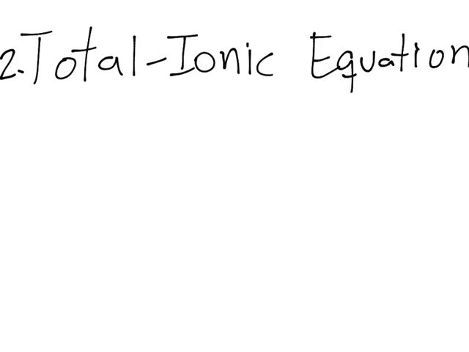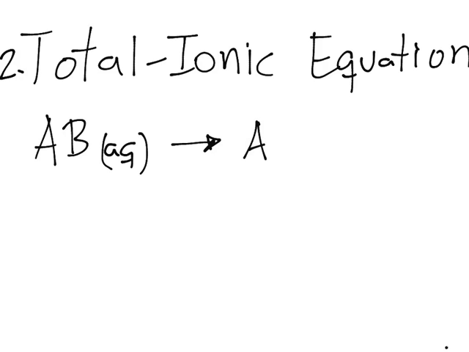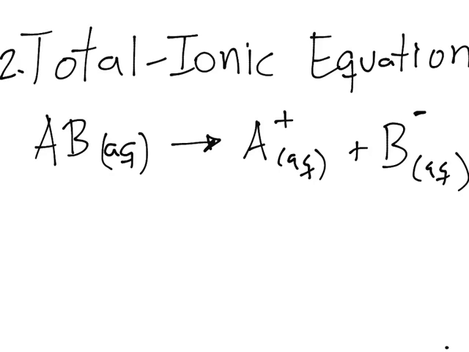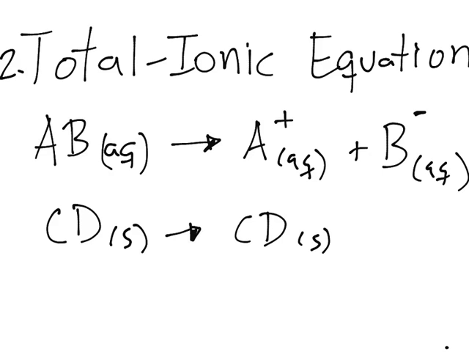So if you have something like AB aqueous, it will ionize into A plus aqueous and B minus aqueous. However, if you have something like a solid, let's call it CD, it will stay the same. It won't break down into its ions because it is not a strong electrolyte.